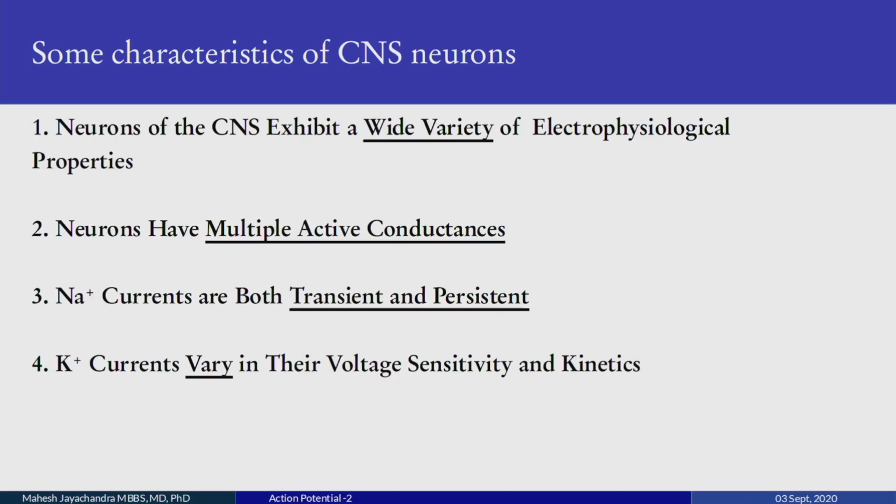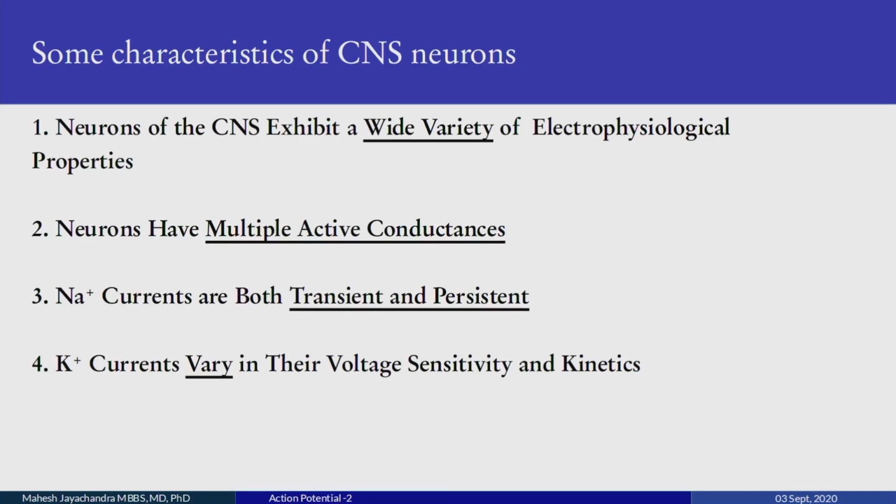Some characteristics of central nervous system neurons. We talked mainly about the squid, but what happens in the squid as far as the action potential and resting membrane are pretty much the same, if not very similar, in all the neurons studied so far: vertebrate, invertebrate, mammalian, human.